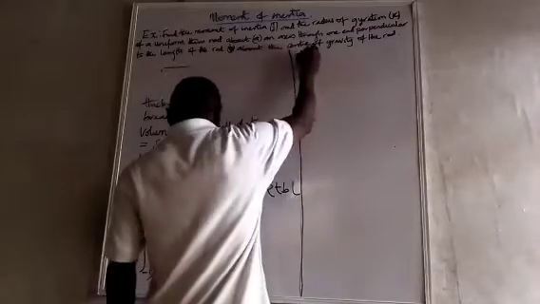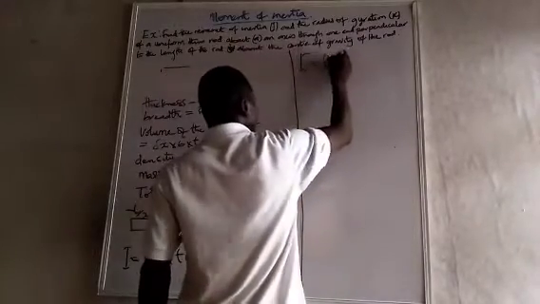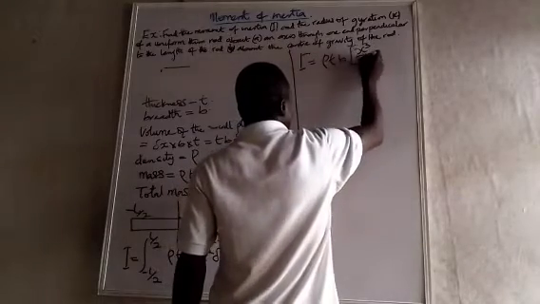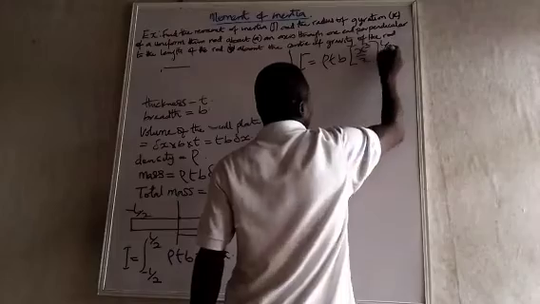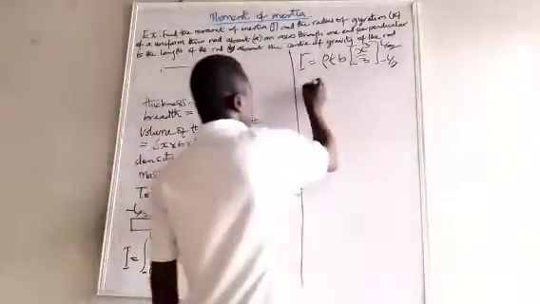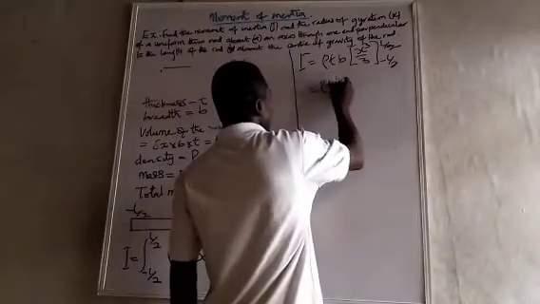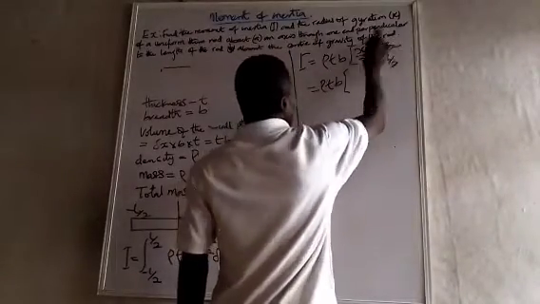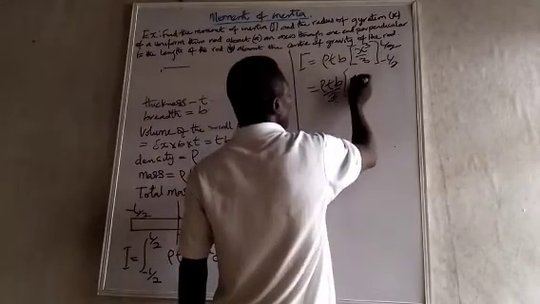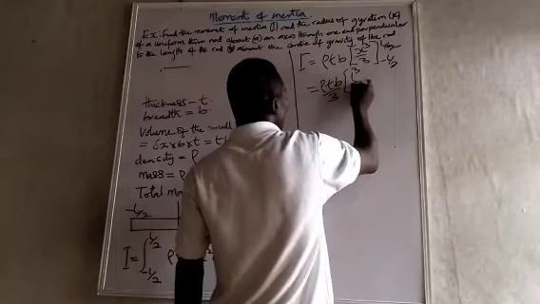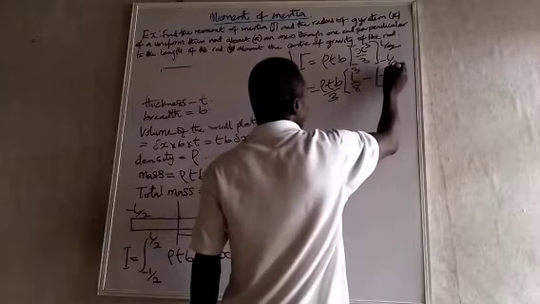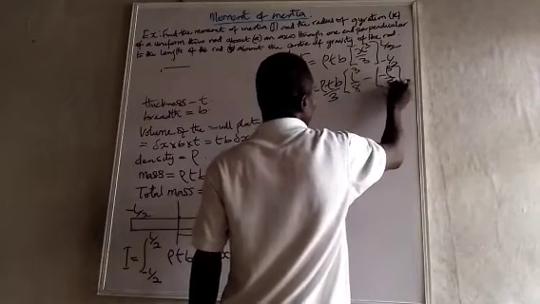So it will give us rho C B x cubed over 3 from minus L over 2 to L over 2. Which is going to give us rho C B over 3 times L cubed over 8 minus minus L cubed over 8.